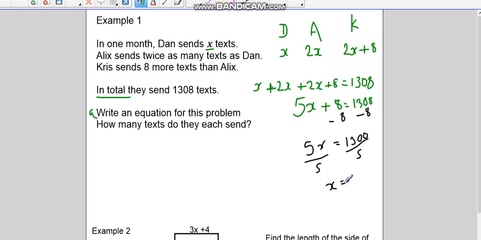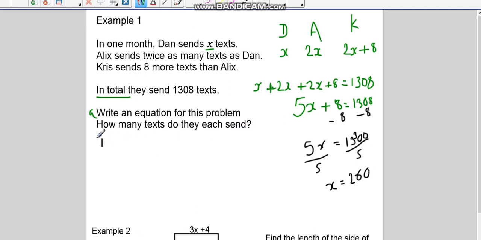Okay, so 5 into 13 goes twice, remainder 3. 5 into 30 goes 6, and 5 into 0 is 0. So x is 260. So the question said, how many texts do they each send?